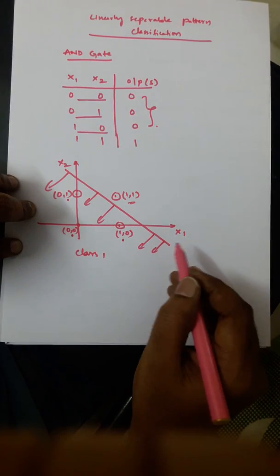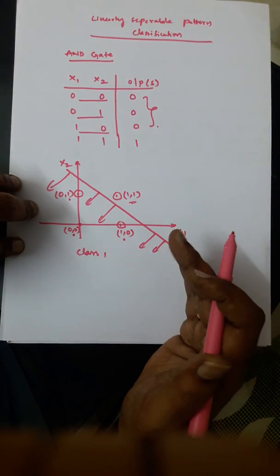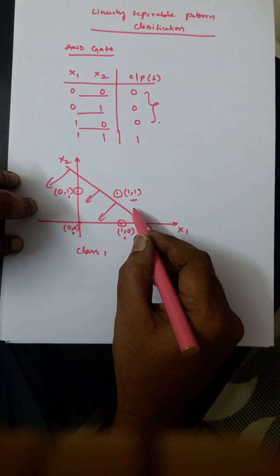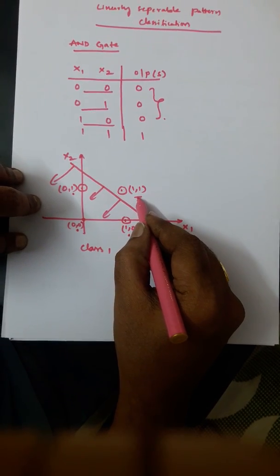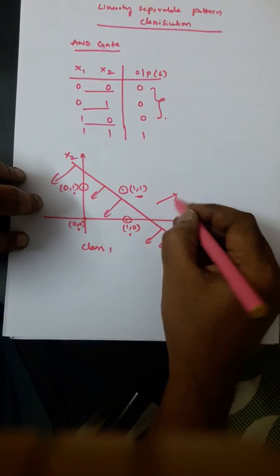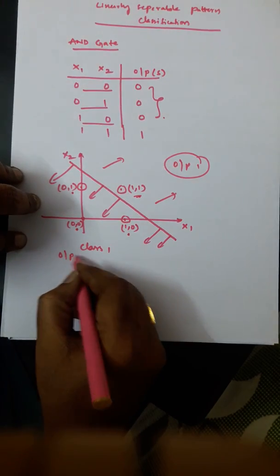line, or I call it a dichotomizer, which separates the given region into two parts. And on the other side of this line, that is the right side of this line, 1 1 is available, which indicates that when 1 1 is the input, the output is 1. So output here is 1 and output here is 0.